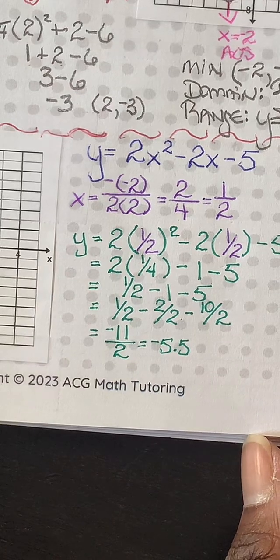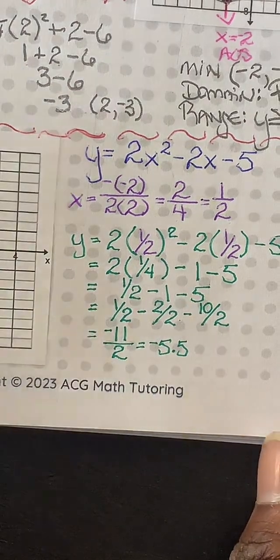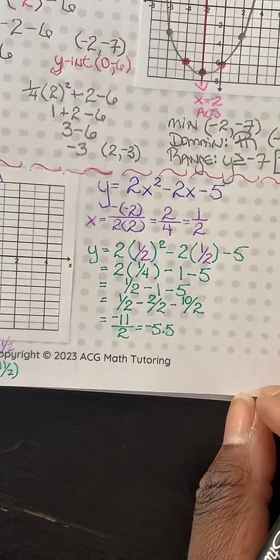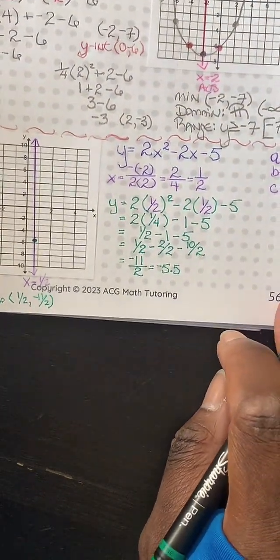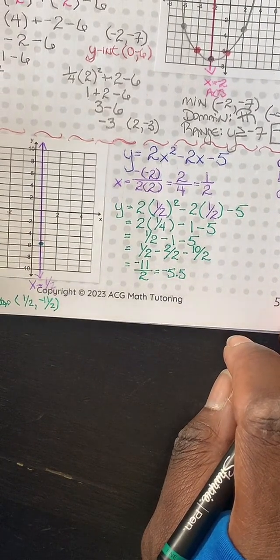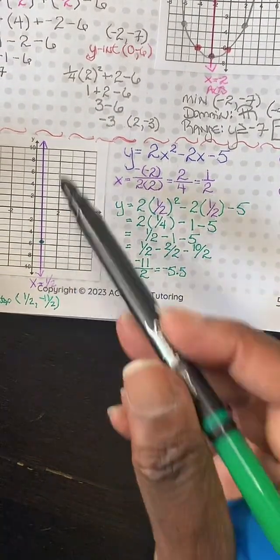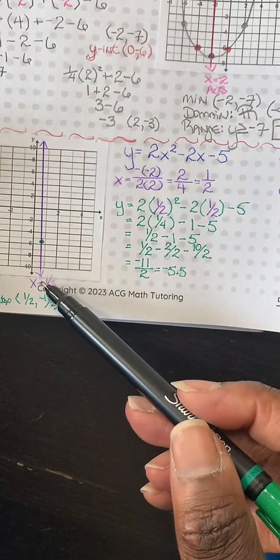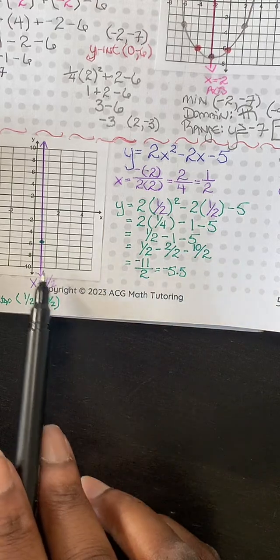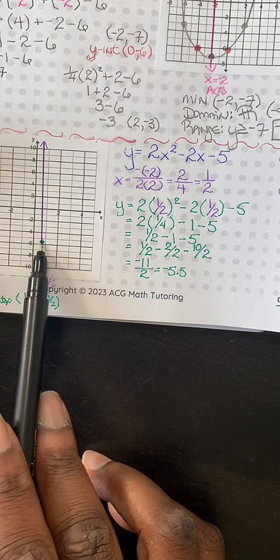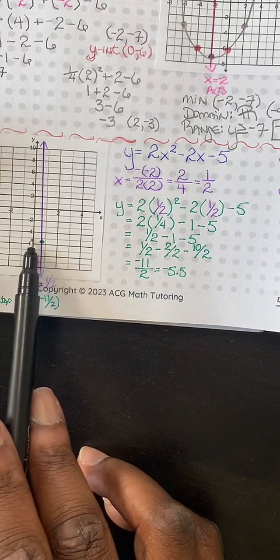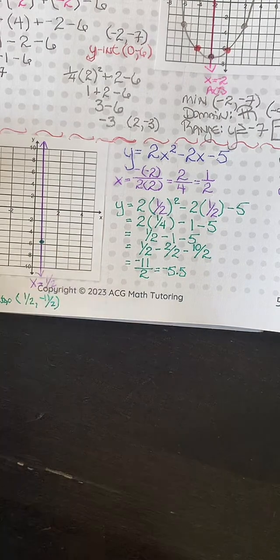Okay. So this was my axis of symmetry. That was at 1/2. Then -11/2 gives me -5.5. So in between 5 and 6. So random dot.